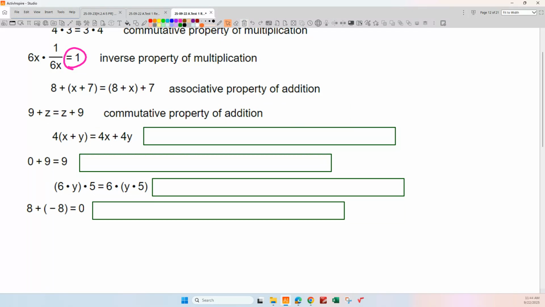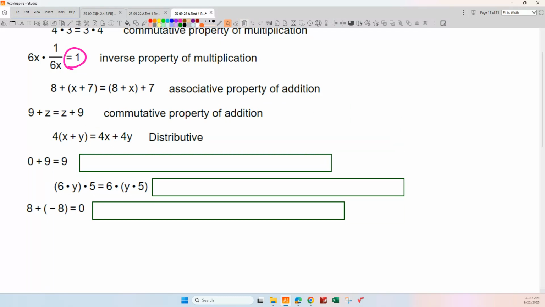We see that one all the time. What is that one? Distributive property, sure. Distributive property. There we go. 0 plus 9 equals 9. Aiden, what do you think? Identity property of addition. Good.